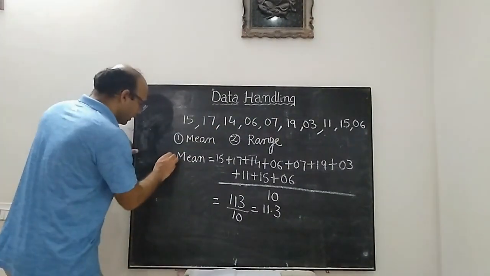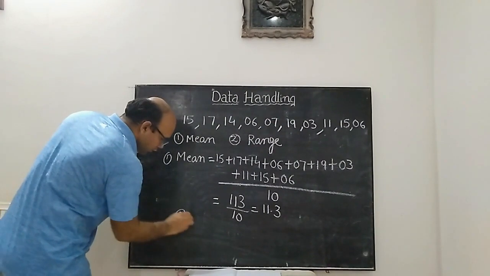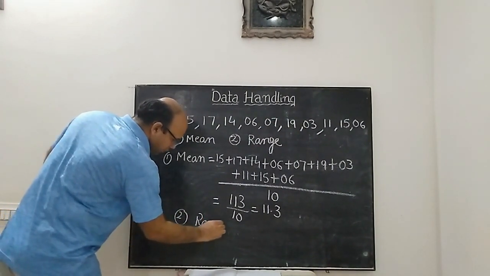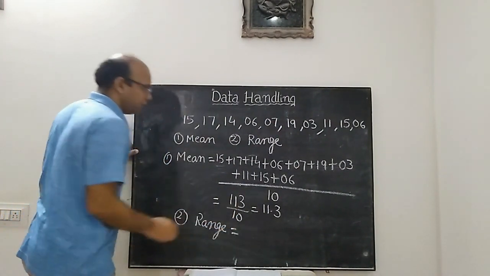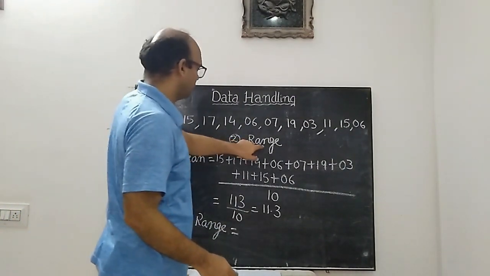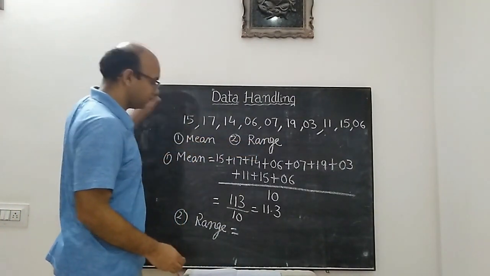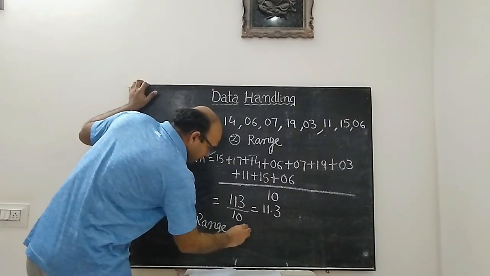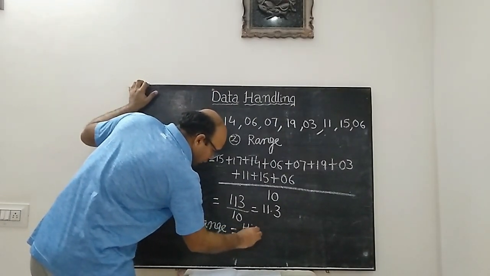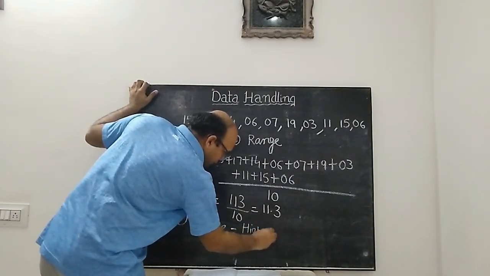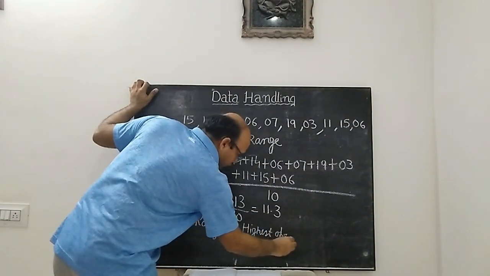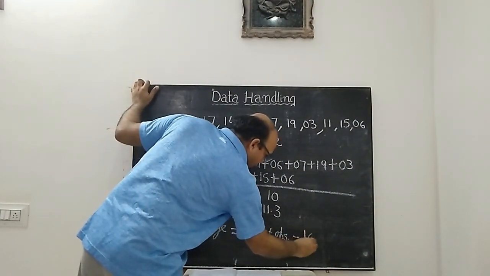Now if you have to calculate the range, we have the maximum marks, the highest observation, minus the lowest observation.